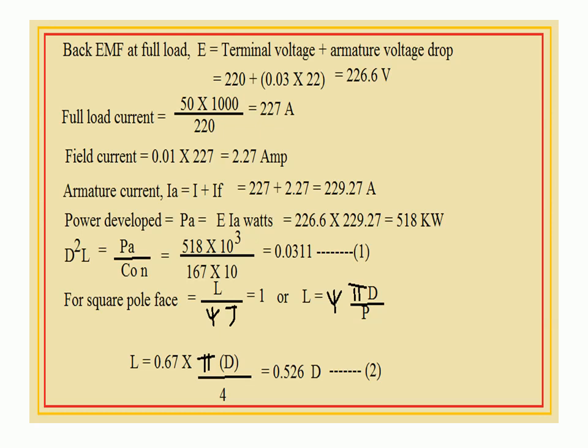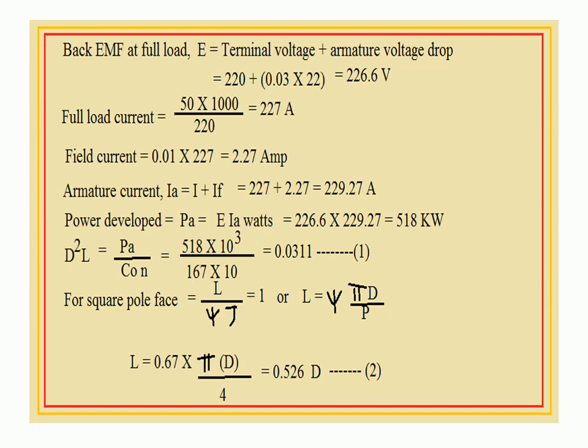Then it is given shunt, then you go for the calculation of armature current. Then power developed in the armature PA equal to E into IA watts, we are going to get around 518 kilowatts. Then similarly you can use the output expression. Bring the expression for D square L, substitute the value in equation 1.